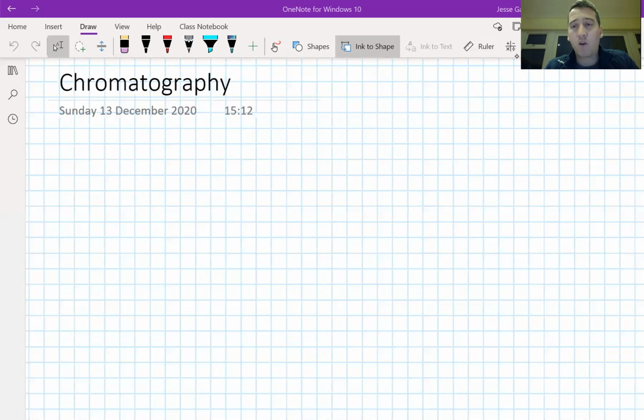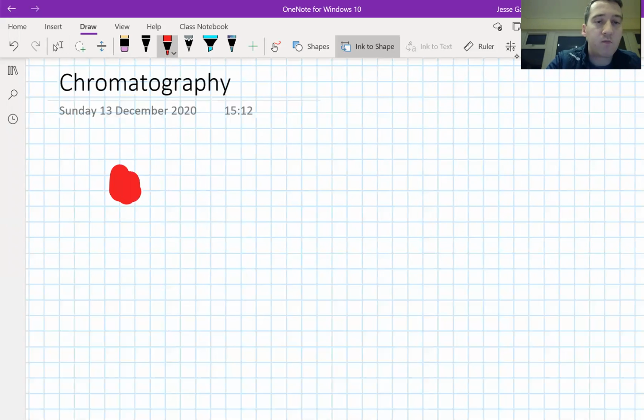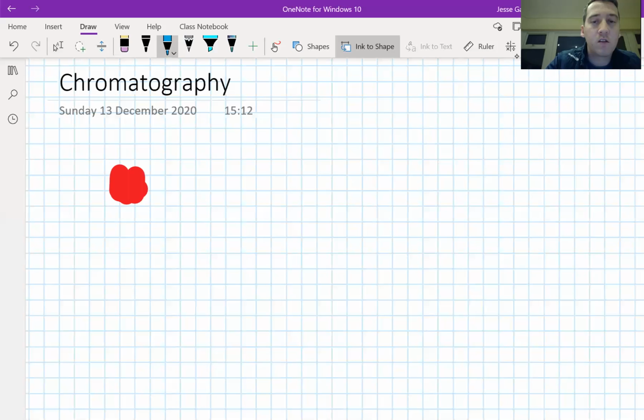In today's video, we're going to be looking at a specific type of mixture, and that is a mixture of colored substances. So if we have an example, say we take red ink. So I'm going to draw just red ink. If we take some red ink and we take some blue ink, both of these things are pure substances.